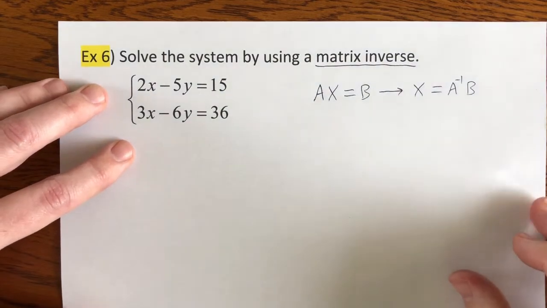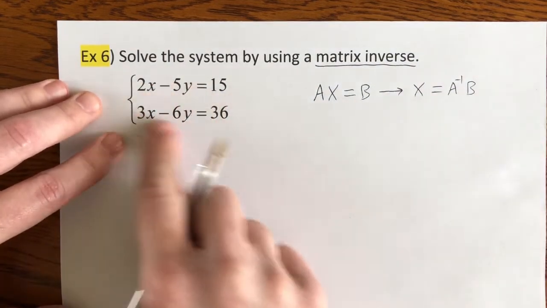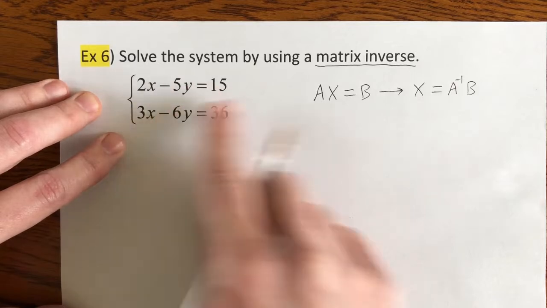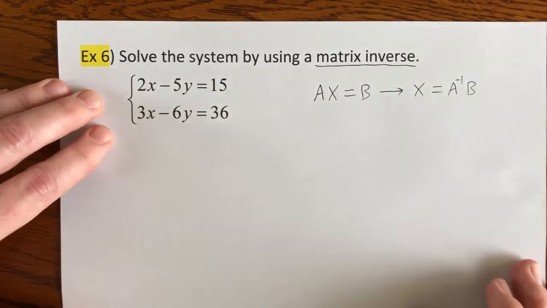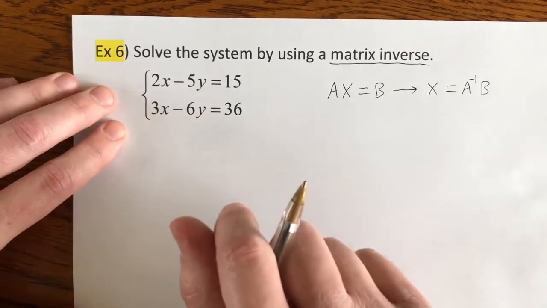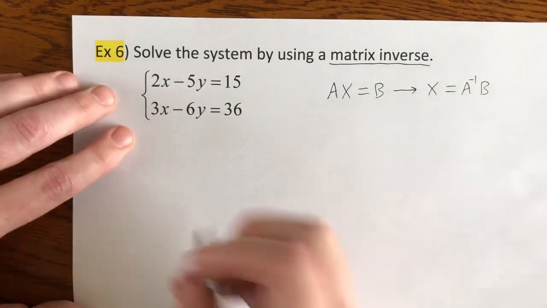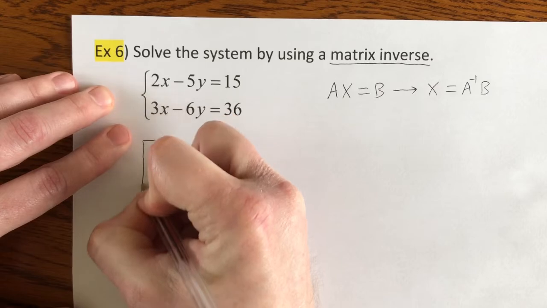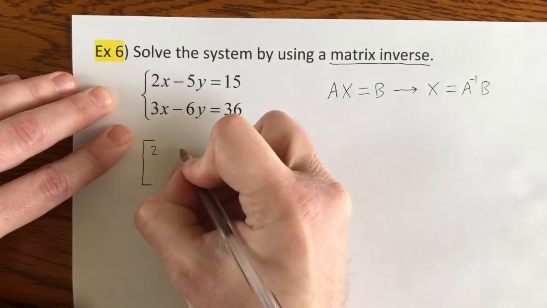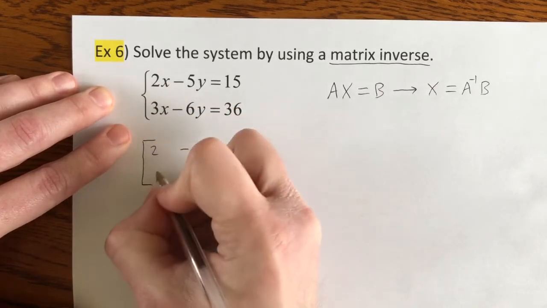So let's go ahead and rewrite this system of linear equations as a matrix equation. We did one of these in the previous section, but now we're actually going to be solving it. So let's rock and roll. First thing, come up with your matrix of coefficients. That would look like this.